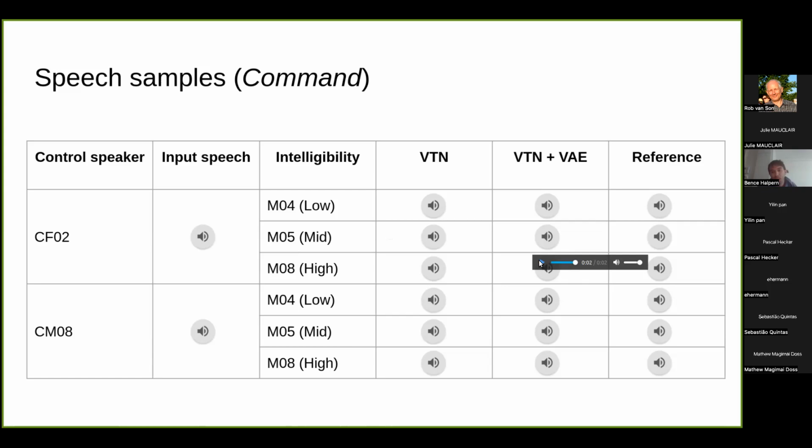So this certainly sounds less natural, but the idea here is that you hear we have moved from the male speaker identity back to the female speaker identity. And this is the reference.